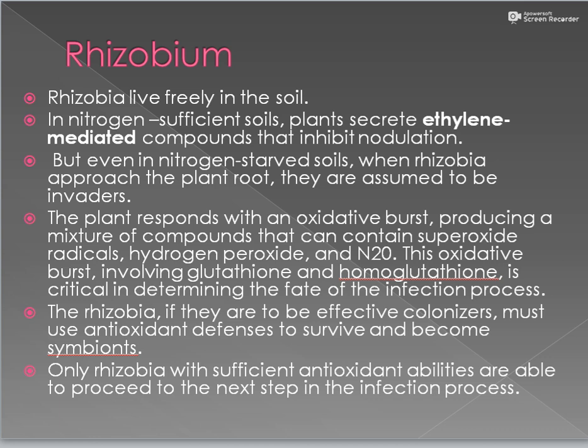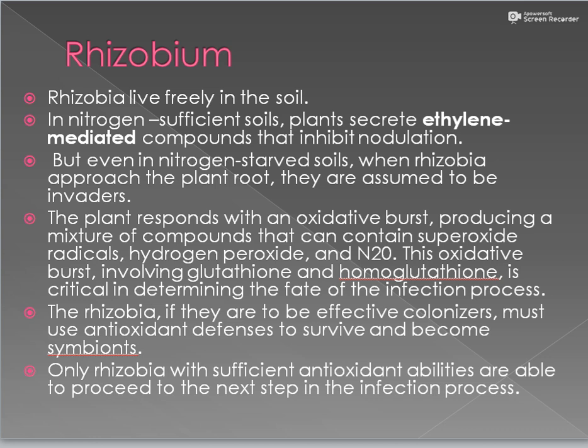The same way here in the case of rhizobium and the plant, there exists something which inhibits the invasion of rhizobium. The plant will produce various compounds such as superoxide radicals, hydrogen peroxide, as well as N2O, and homoglutathione and glutathione, which will normally inhibit the growth of rhizobium or prevent the infection process.